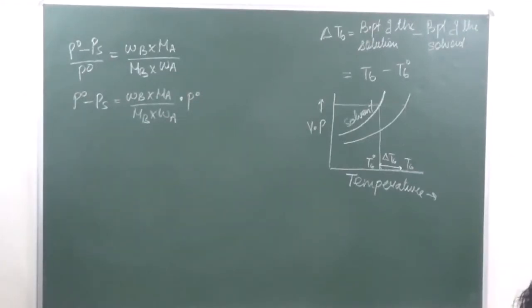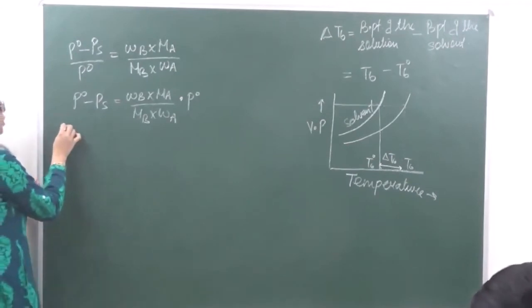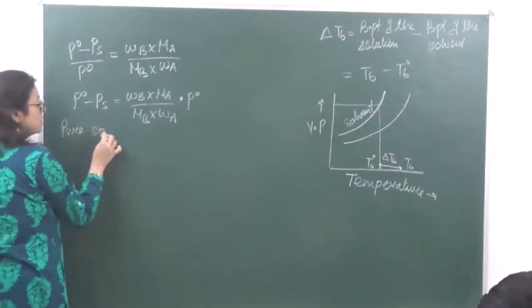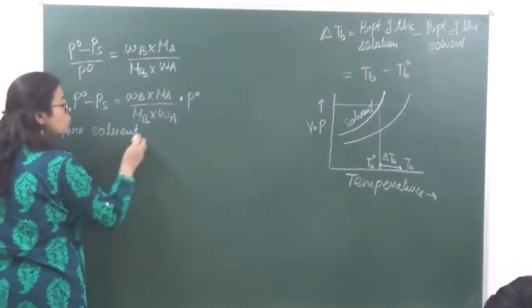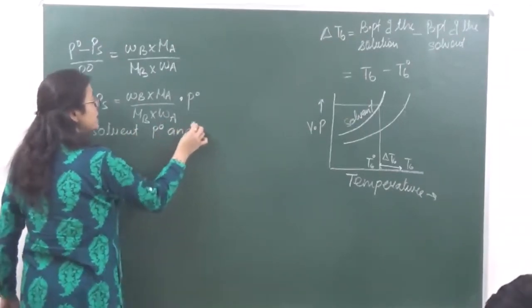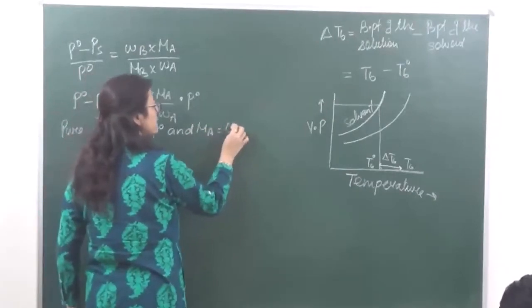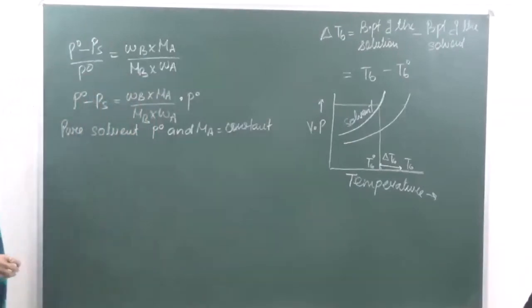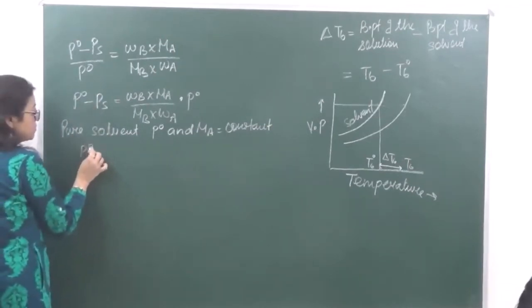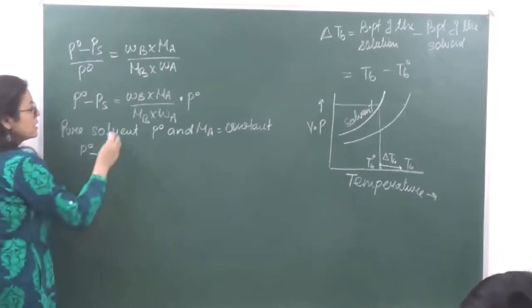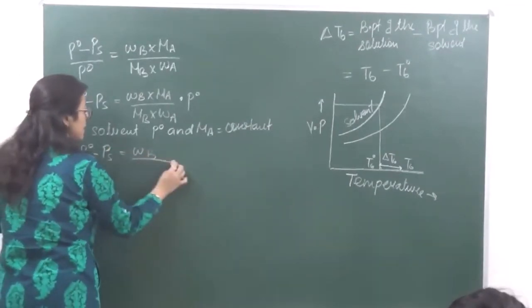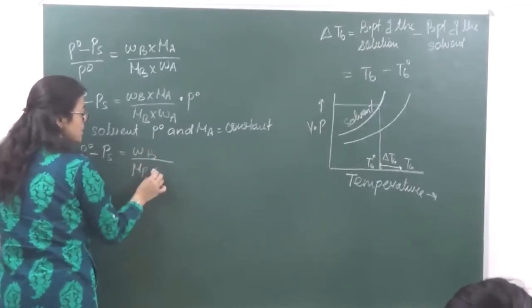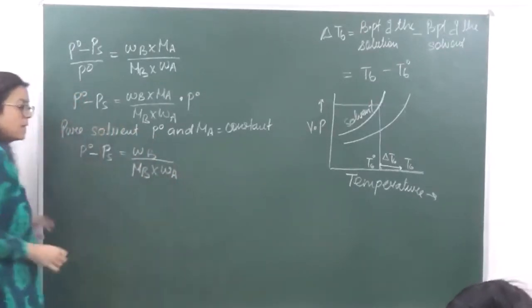So for a pure solvent, P naught and the molar mass of the solvent MA both are going to be constant, right? So the above expression now becomes P naught minus Ps is proportional to WB upon MB into WA.